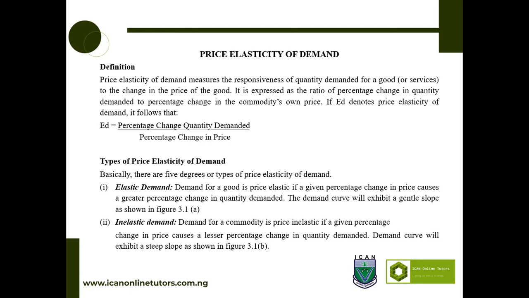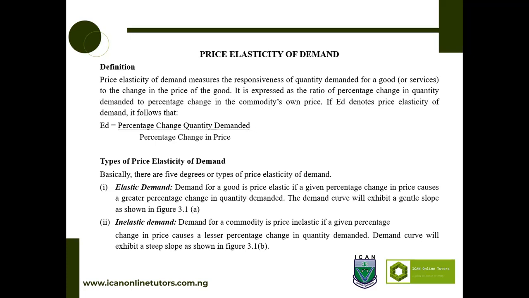So it is expressed as a ratio of the percentage change in quantity demanded to the percentage change in the commodity's own price. The change between the price and quantity demanded is determined by the commodity and the price of each good or service that will be demanded.